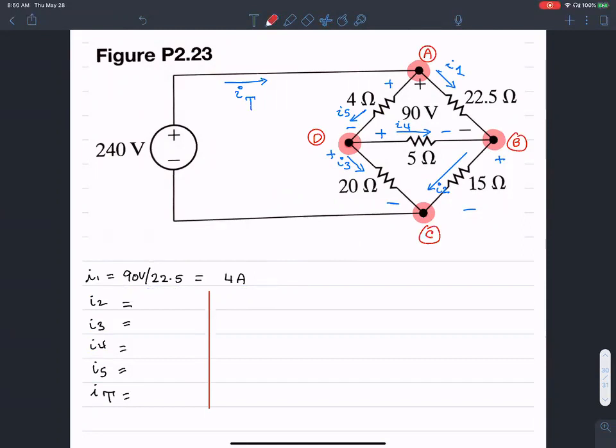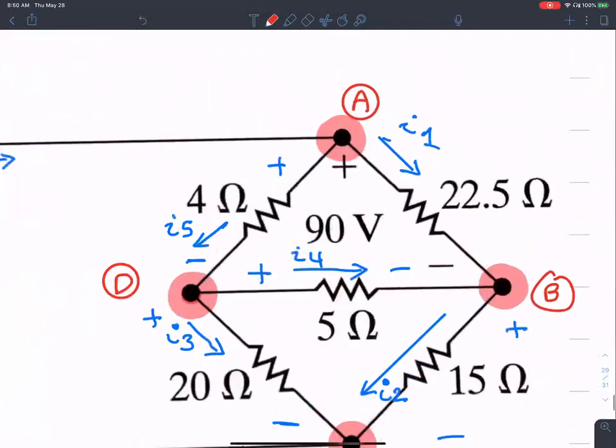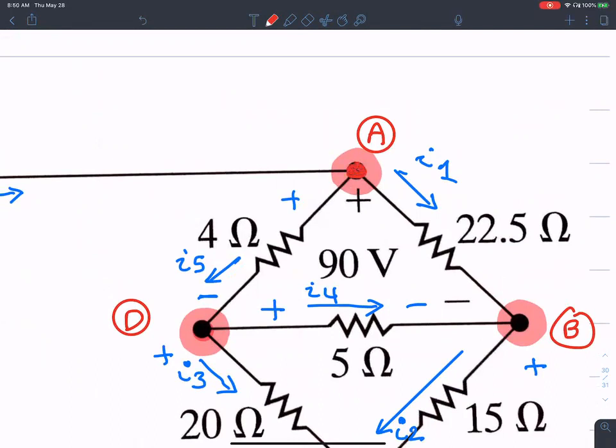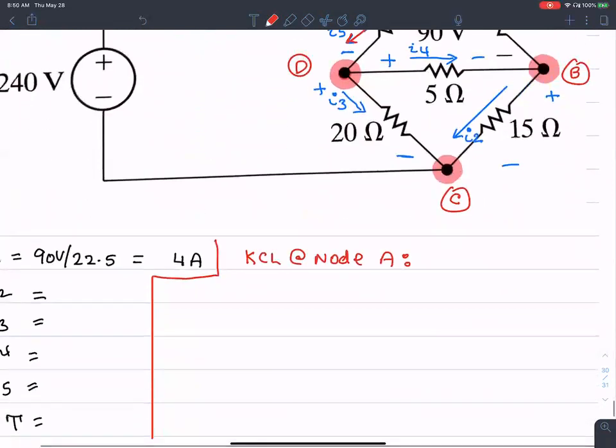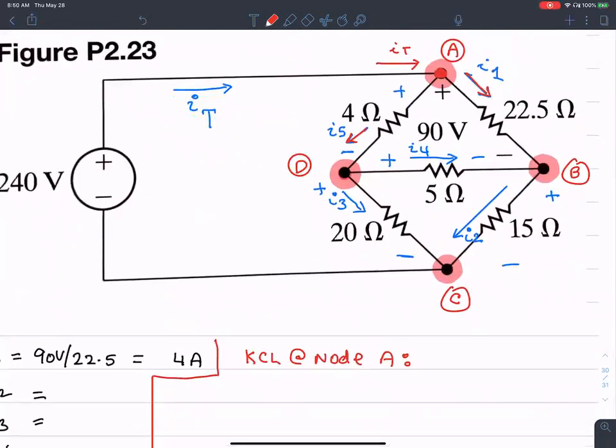I will begin by applying KCL at node A. If you look at node A, there is one current coming in, which is I total, and two currents leaving, I1 and I5. So sure, that's one equation for me. I total, current coming in, equals I1 plus I5, right?